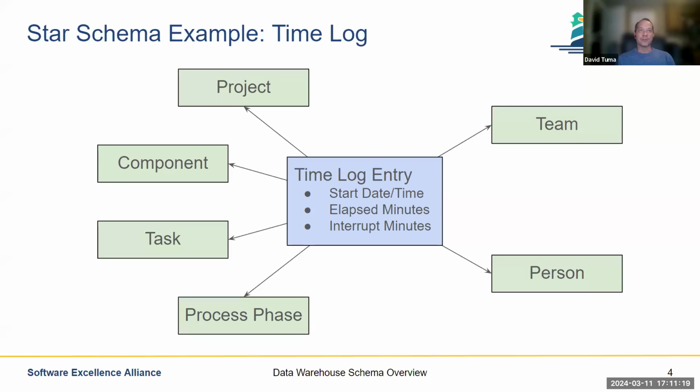Now, this pattern provides a great deal of power for data mining, because when we're doing data mining, most of the analyses that we perform, we start by querying a fact table and adding an aggregation clause, like we're either counting things or summing them up. And then we filter our query using one of the dimensions.